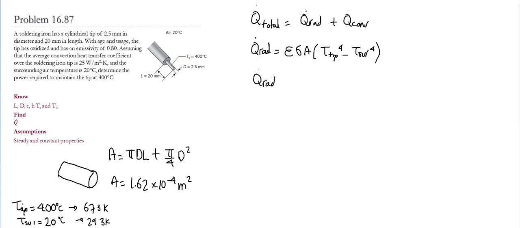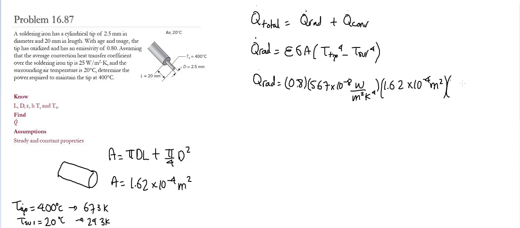So once again, for the value of radiation, the emissivity is given to be 0.8. The Stefan-Boltzmann constant is equal to 5.67 times 10 to the negative 8 W/m² K⁴. The area we calculated to be 1.62 times 10 to the negative 4 meters squared.